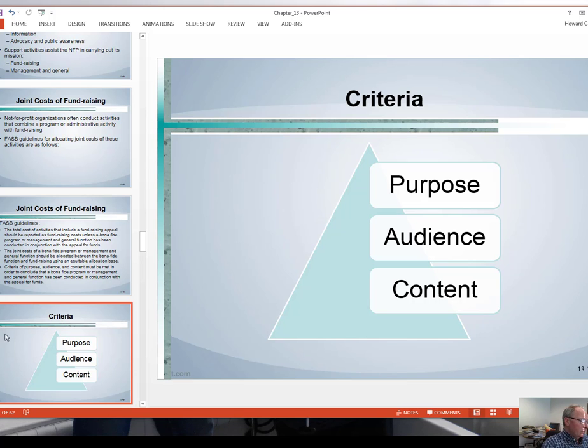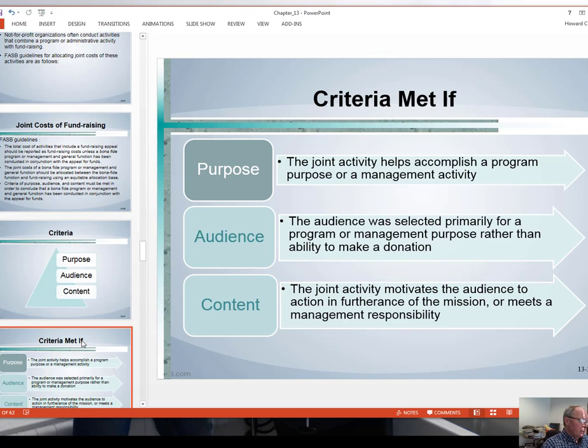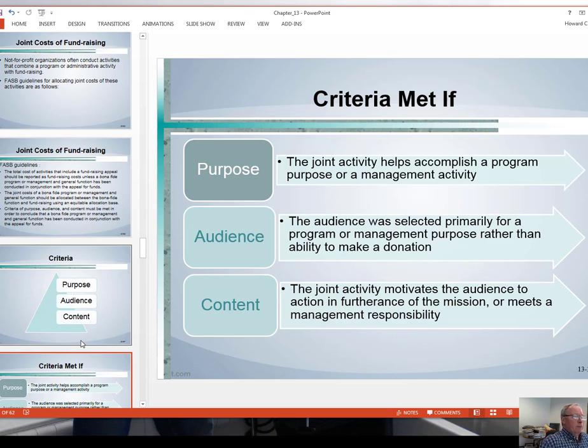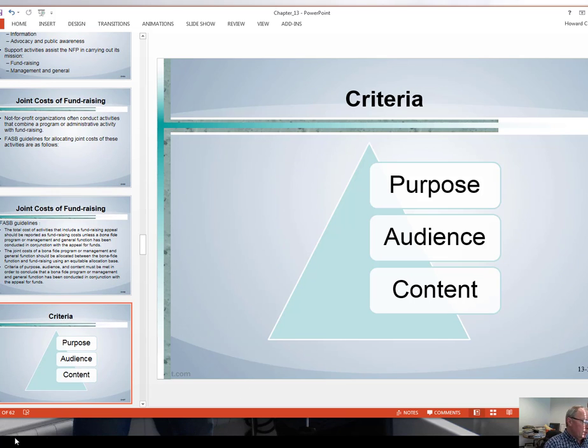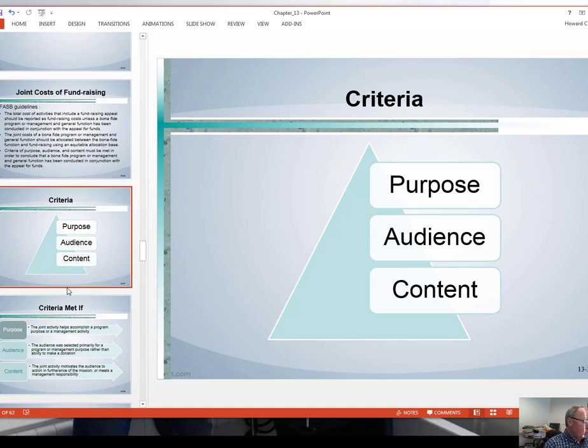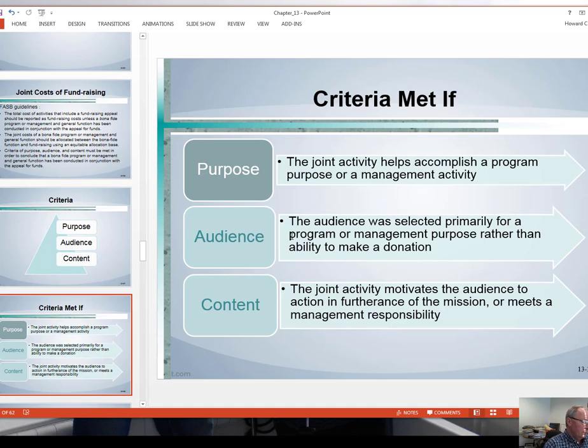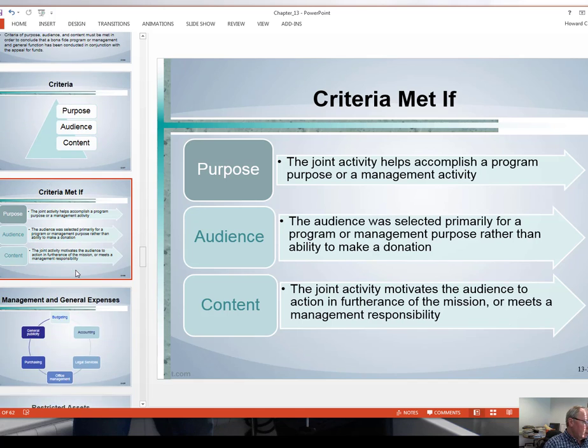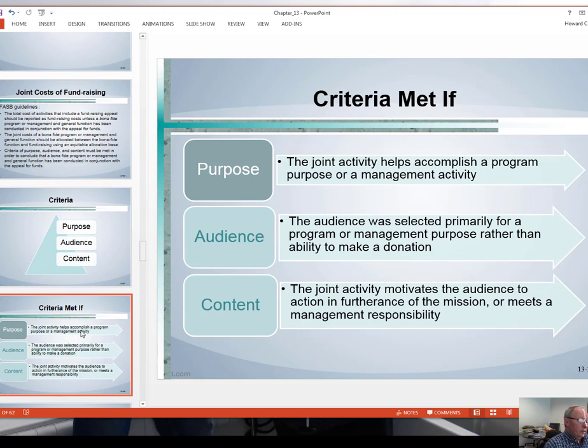The problems in the chapter do a nice job of breaking this out. For example, if you have people go door to door in a neighborhood and talk about the organization and what it does in the community, and you're picking the neighborhood because it's affluent, then that audience is being picked not because of the programmatic purpose, but mainly for a fundraising purpose. So it becomes a fundraising activity, even if you do have genuine, bona fide programmatic activity.